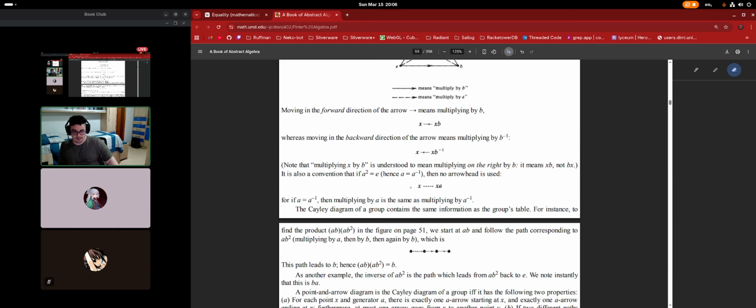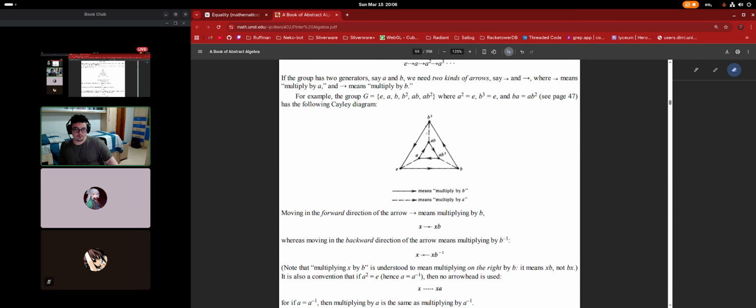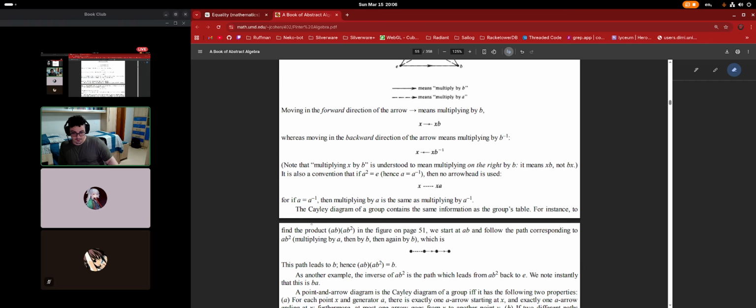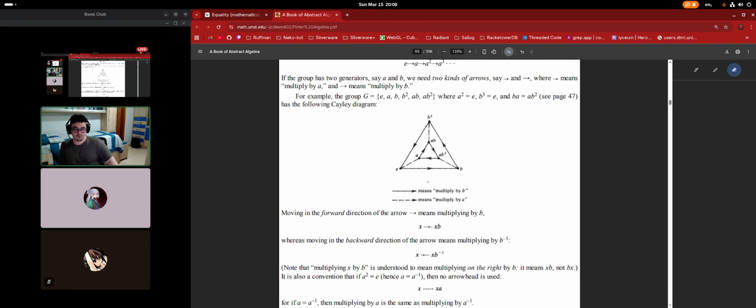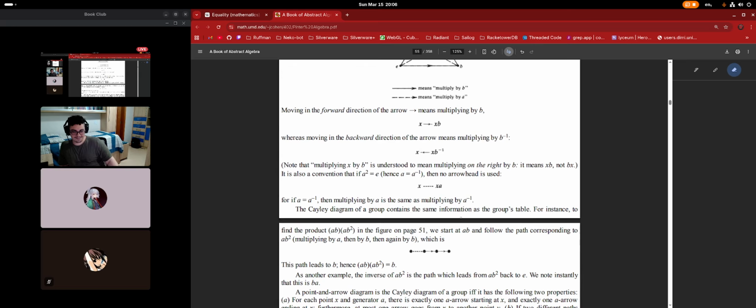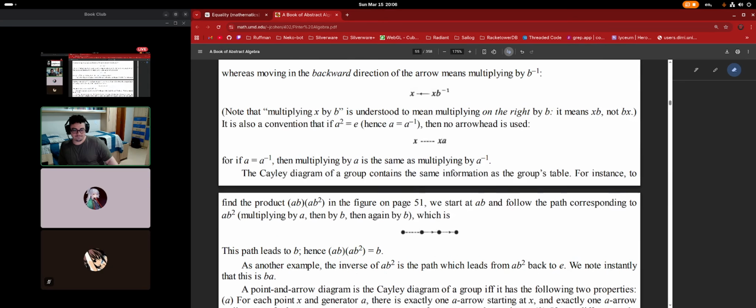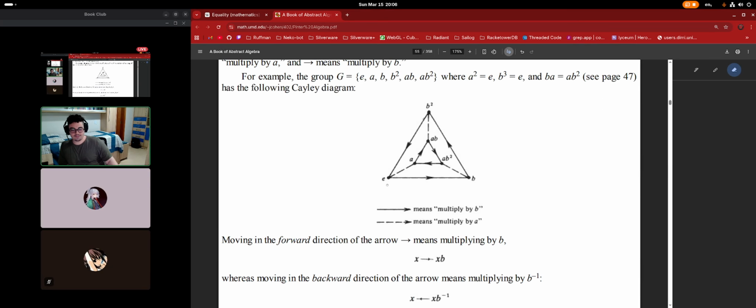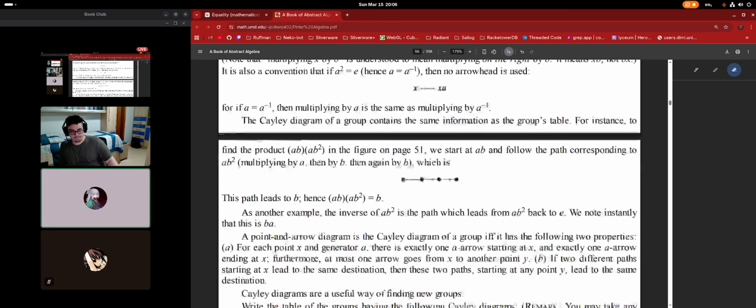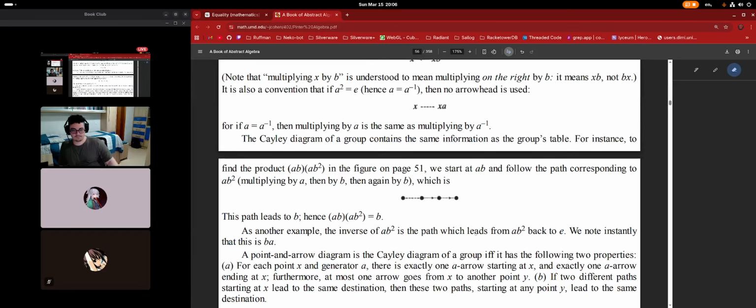Then you multiply by an A again, so you go to B squared, then you multiply by B two times, so bam and bam, that's equal to B, and that's it. This gets pretty unmanageable quickly, because this assumes you only have two generators, which may not be the case. Yeah, this can probably get pretty big.